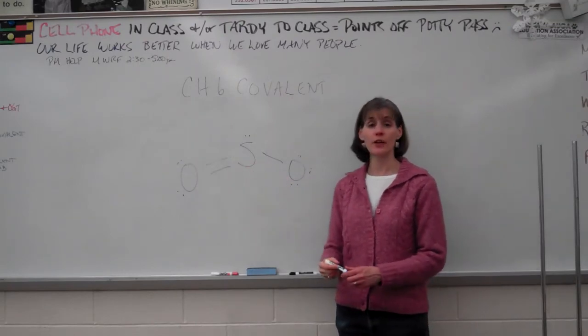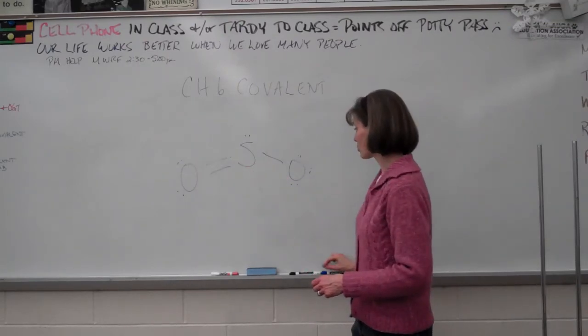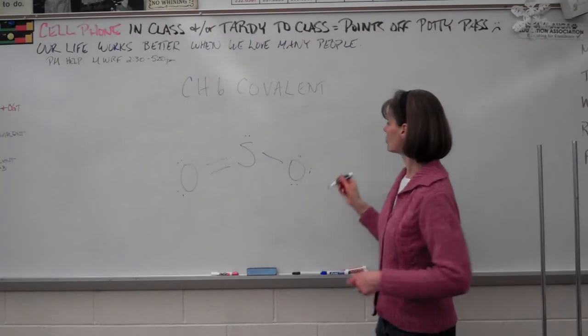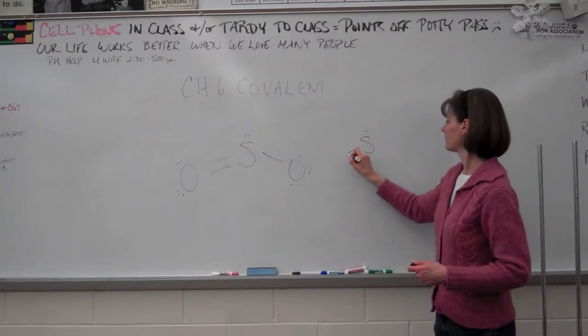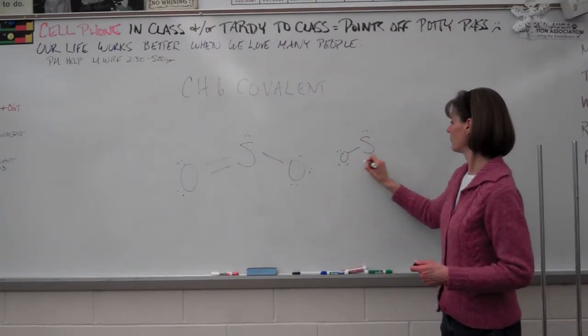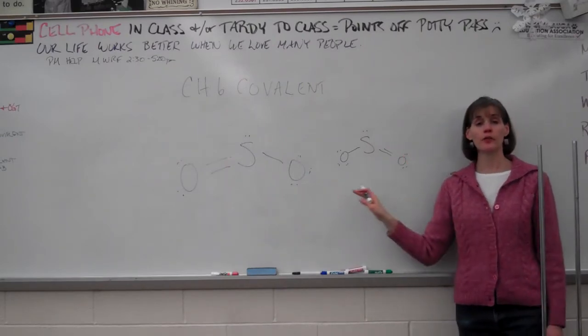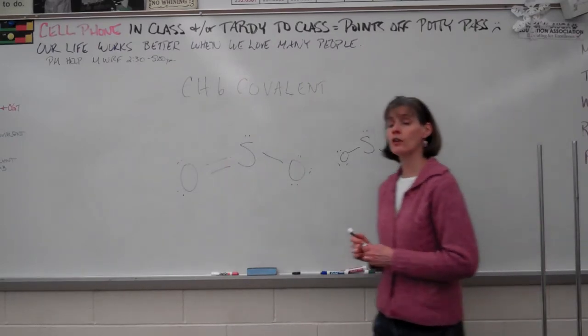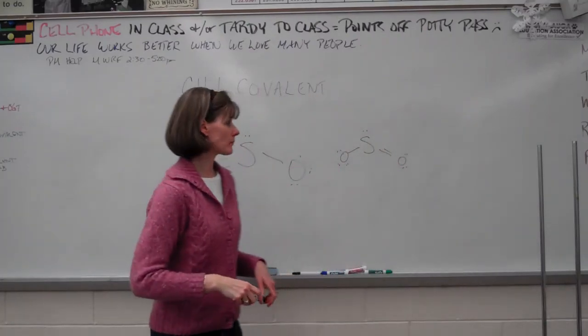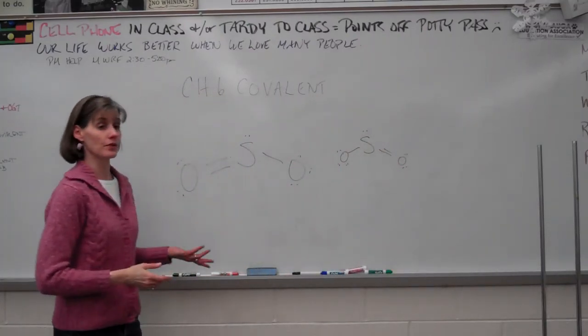That is an example of a resonance structure. We would draw this molecule 2 different ways. Okay? Both of those representations work for sulfur dioxide as an example of a resonance structure.